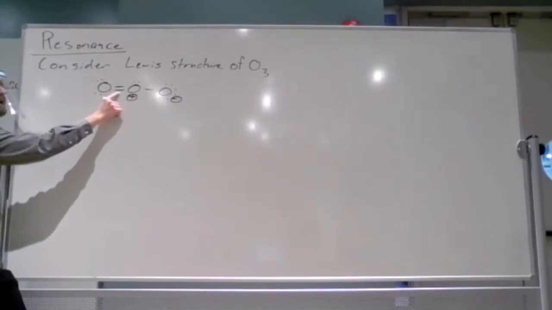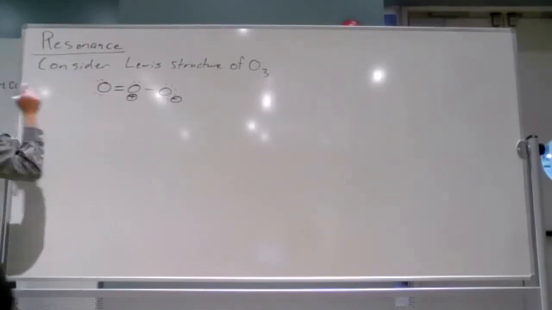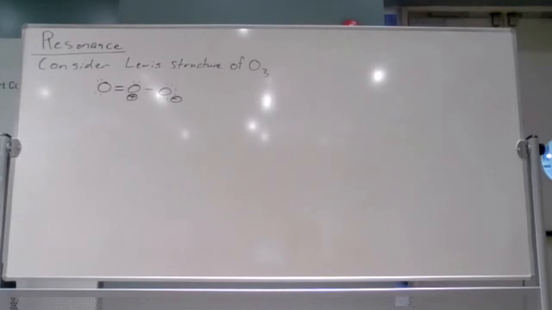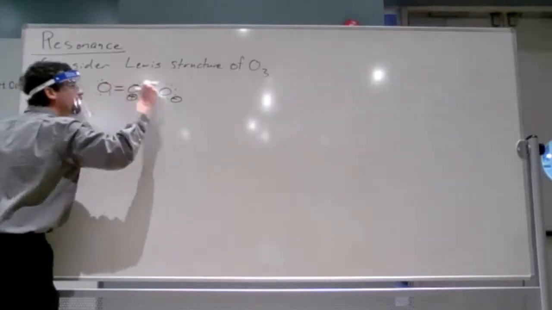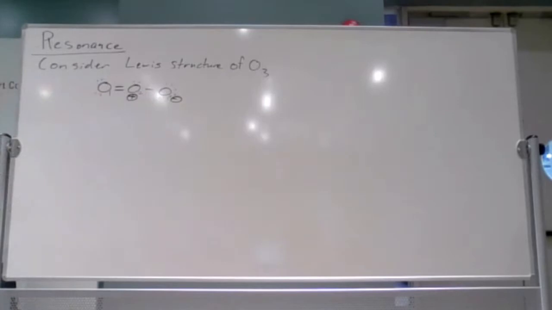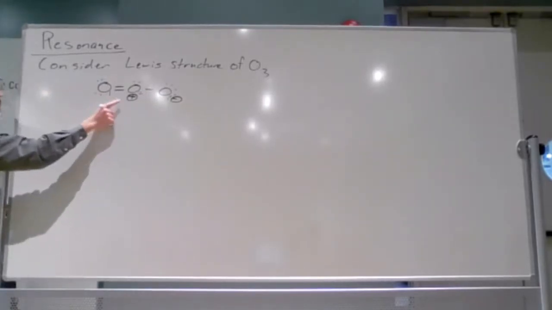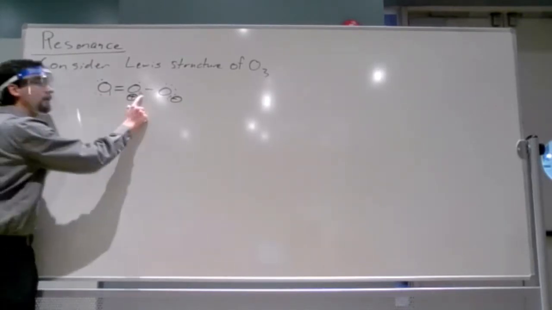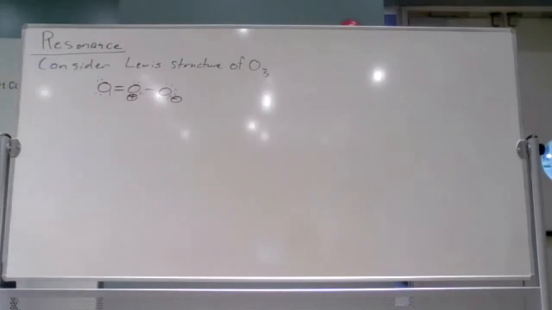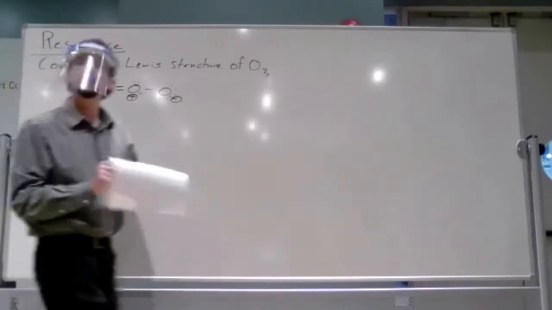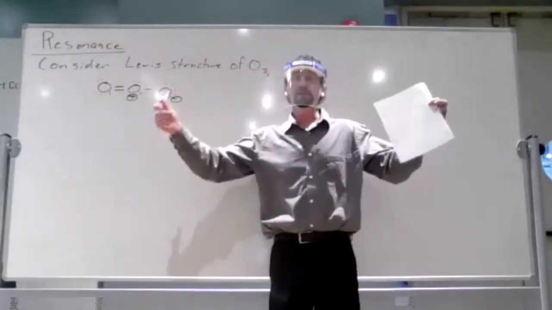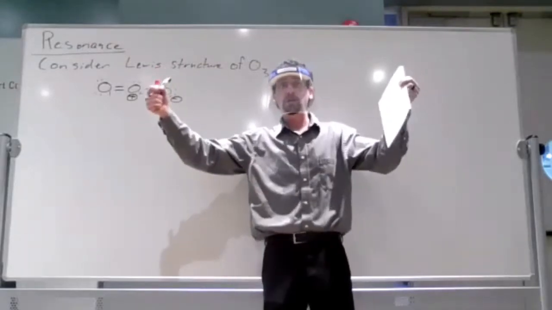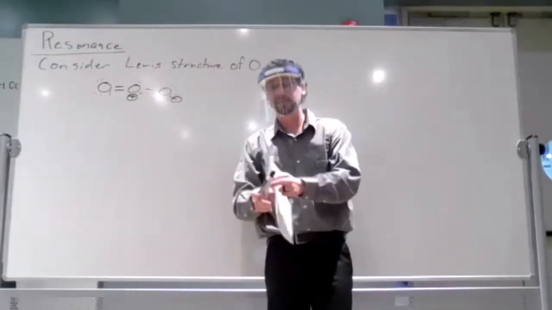Okay. Now, let's say we were to measure the bond lengths of this. What would you expect this bond length to be between oxygen 1 and 2, or 2 and 3? Which one would you expect to be a shorter bond length? You would expect 1 and 2 to be shorter, right? And then 2 and 3 would be longer. Why did you say 1 and 2 should be shorter? Right. That double bond means you're going to have more bond energy or a stronger bond strength, but it's going to constrain that distance, right?